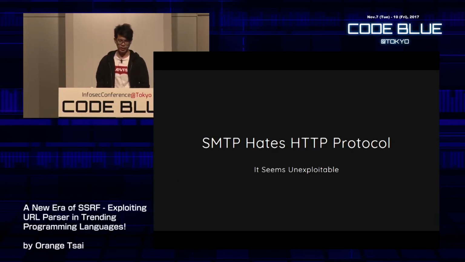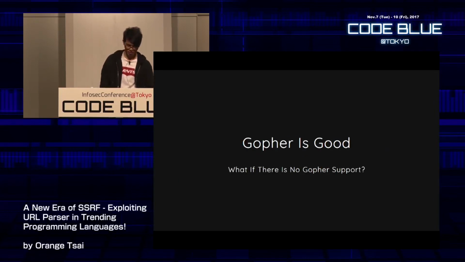So SMTP has no HTTP protocol, and it seems unexploitable. Somebody might say, you can use Gopher. We are not going to talk about Gopher today. Gopher is good, but what if there is no Gopher support?